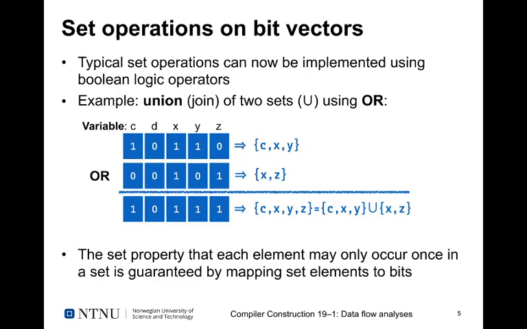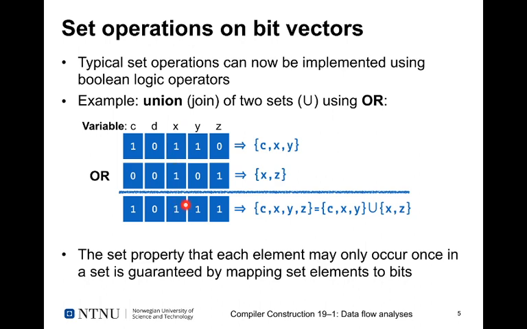When we want to do set operations on bit vectors, we can implement the typical set operations using Boolean logic operators that we already know. For example, we have a union operator of two sets, and this union operator can simply be implemented using the OR operation. So if we have two sets, C, X, Y, as we've seen before, represented by 1, 0, 1, 1, 0, and another set X and Z, represented by 0, 0, 1, 0, 1, we can simply do a bitwise OR, so 0 or 1 is 1, 1 or 1 is also 1.